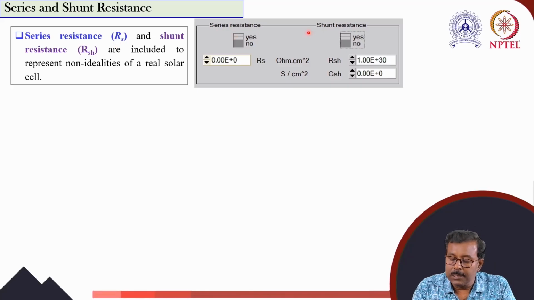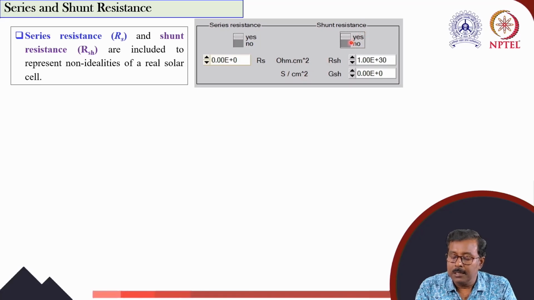So this series resistance and shunt resistance window looks like this. It will also appear in the main work environment of SCAPS. Here you see the series resistance, yes is clicked, and you have to mention the value here, in ohm centimeter square or Siemens per centimeter square.